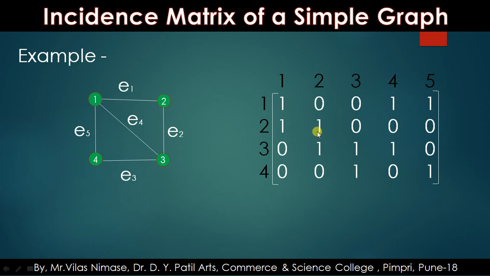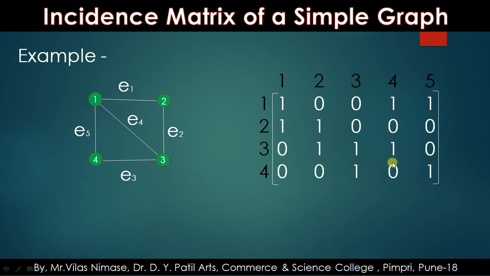Now see, in graph edge E4 joins vertex 1 and vertex 3. Therefore, in incidence matrix, the entry at first row and fourth column and third row and fourth column both are 1, and all other entries in fourth column are 0.